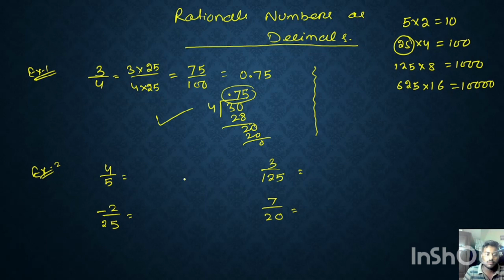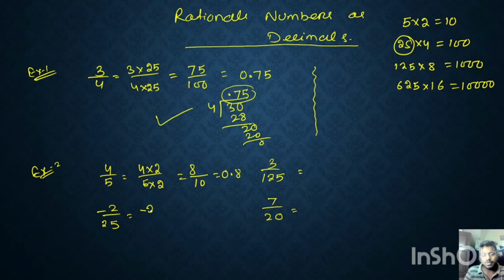Now 4 by 5. Here we multiply 4 and 5 both by 2, so 5 times 2 is 10. Similarly 2 is multiplied with the numerator, 4 twos are 8, so the answer is 0.8. Understand? Now minus 2 by 25.